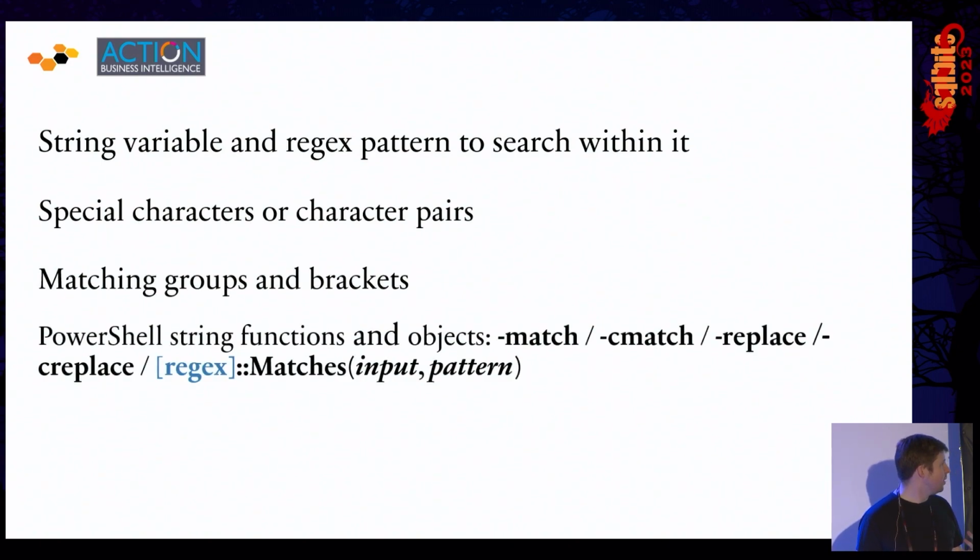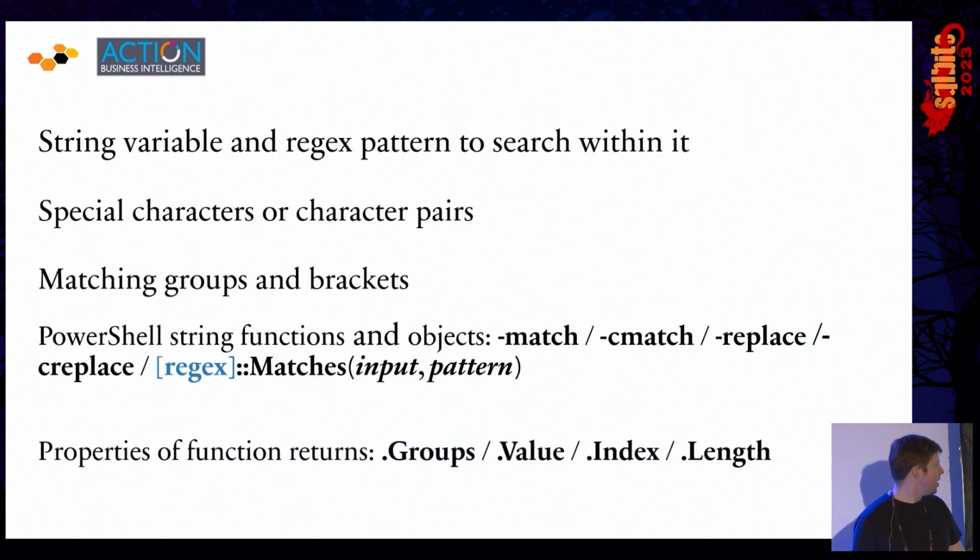And then in PowerShell, it's using the logic in the top 3 with inline text functions and regex objects, of which there are 3 to do replacements effectively and capture variables for use in onward replacement operations or to go into database variables. And within these objects, especially the regex matches one, there are useful properties which help you do it. So we're going to cover this in detail.